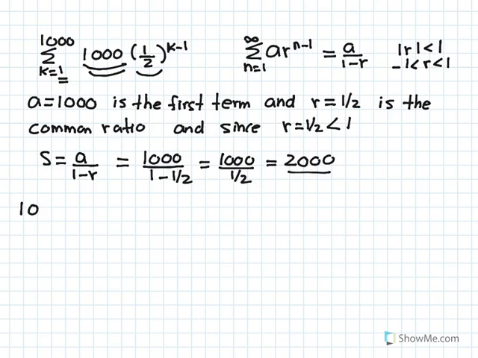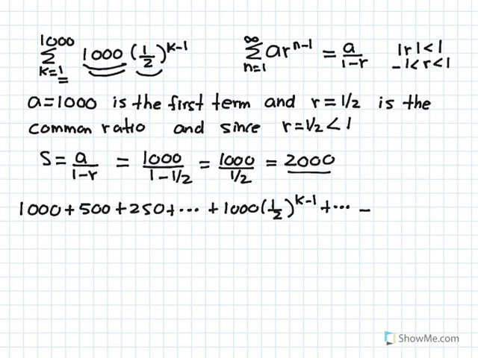So let's summarize. We have 1,000. This is the expanded form of the geometric series, plus 500, plus 250, and the general term is 1,000 times 1 half to the power of k minus 1. This infinite geometric series converges to 2,000.